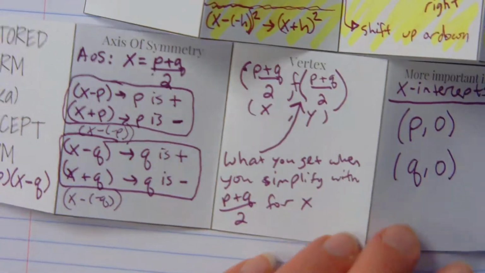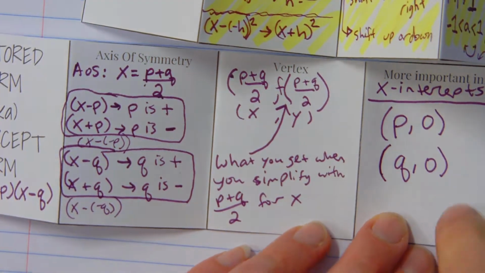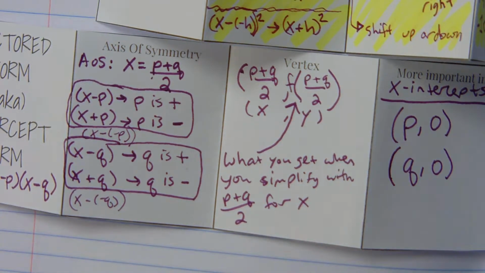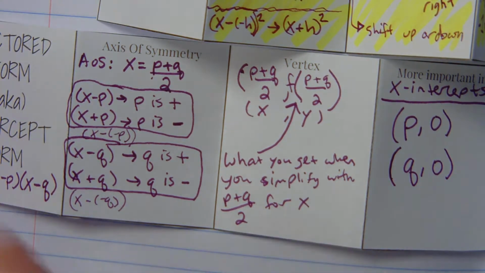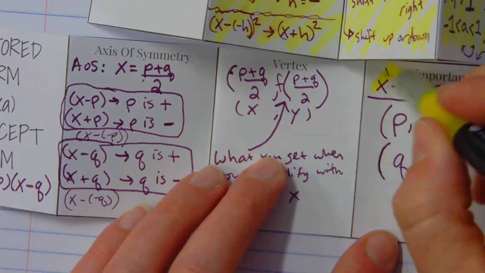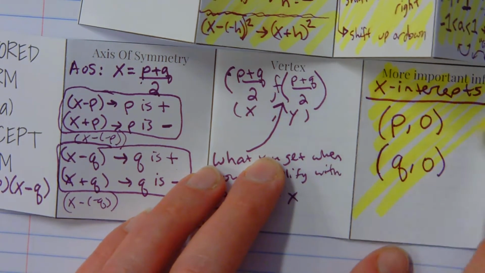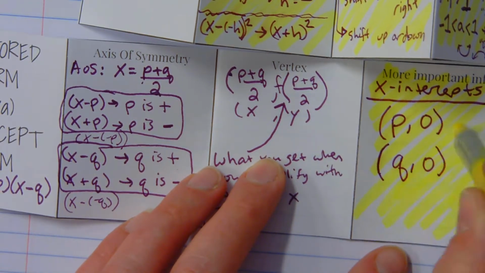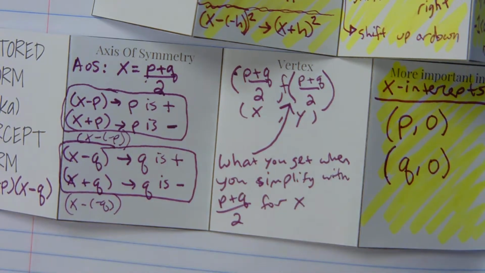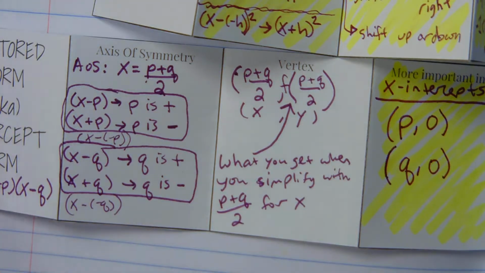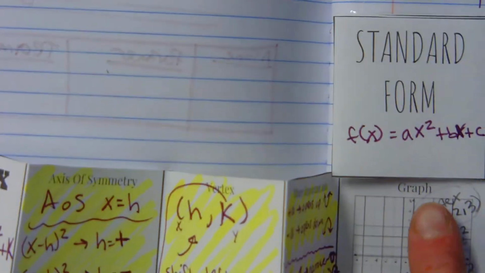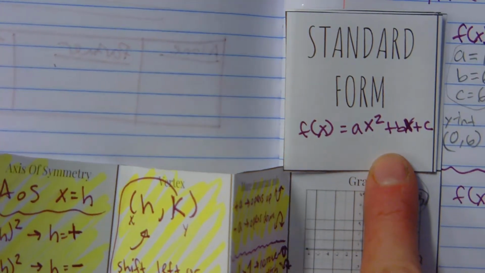And you're going to see us practice this a lot. Okay, but those are my x-intercepts, and that's the important part of this form of quadratic functions. And in our warm-up, you've seen us go from our standard form that we had here, and we factored it out.